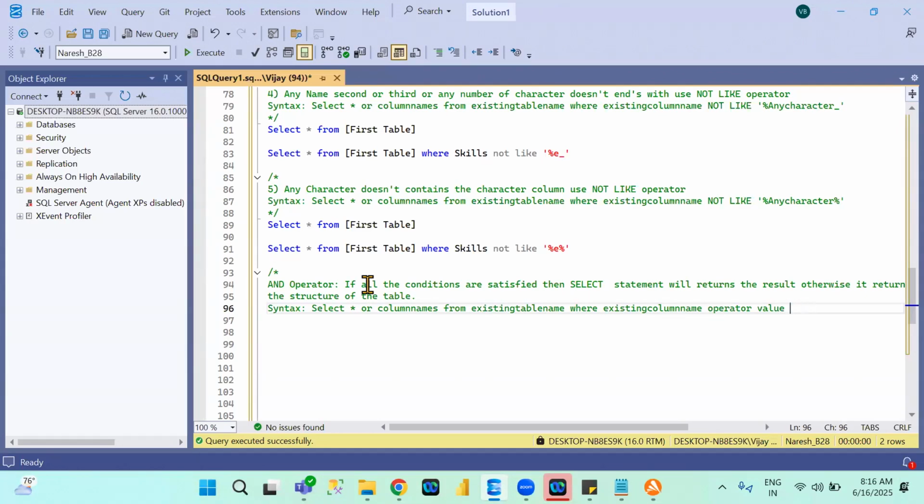And existing column name, operator. Understand clearly? See here. Where.